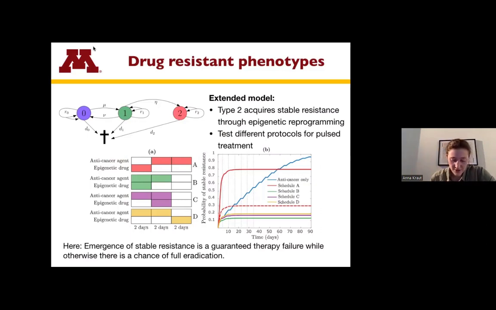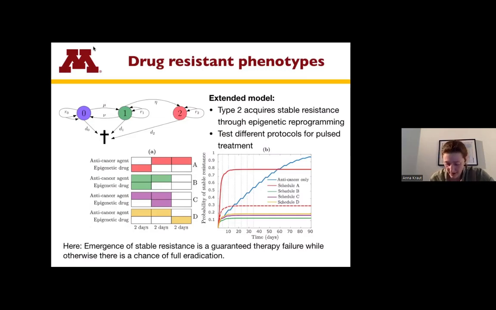And the question is now, how should these on and off phases of anti-cancer agents be combined with this epigenetic drug influencing the switch between sensitive and resistant states? And they've tried out a variety of hypothetical protocols where there could be alternating treatment between the epigenetic drug and the anti-cancer agent, or it could be applied partially simultaneously.